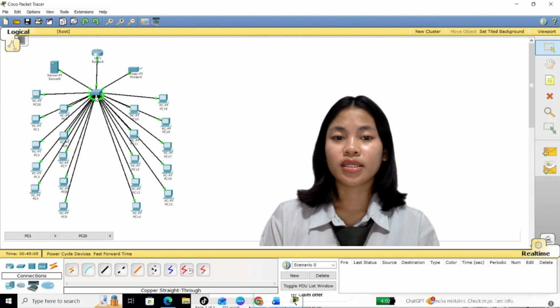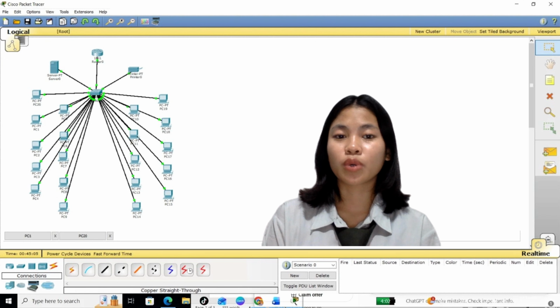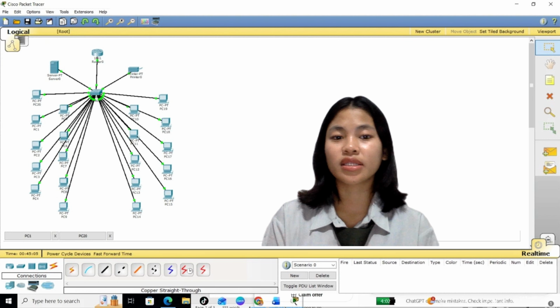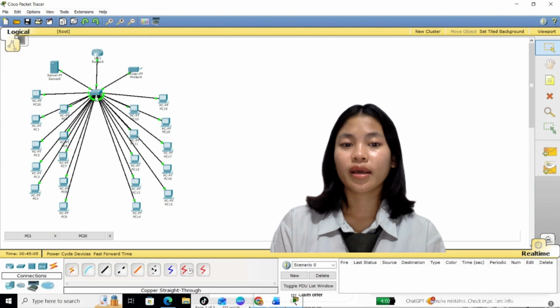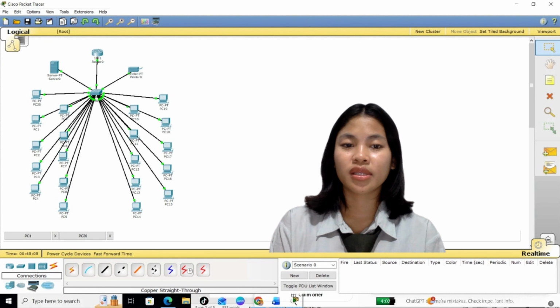To address the issue, I designed a LAN-based computer network using a star topology. The star topology was chosen because it is easy to develop, easy to maintain, and if one cable is damaged, the other devices can still operate normally.